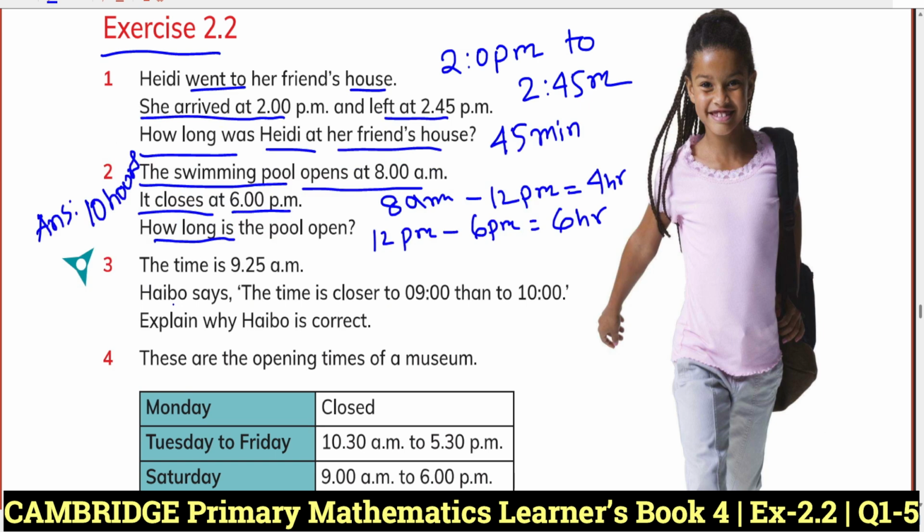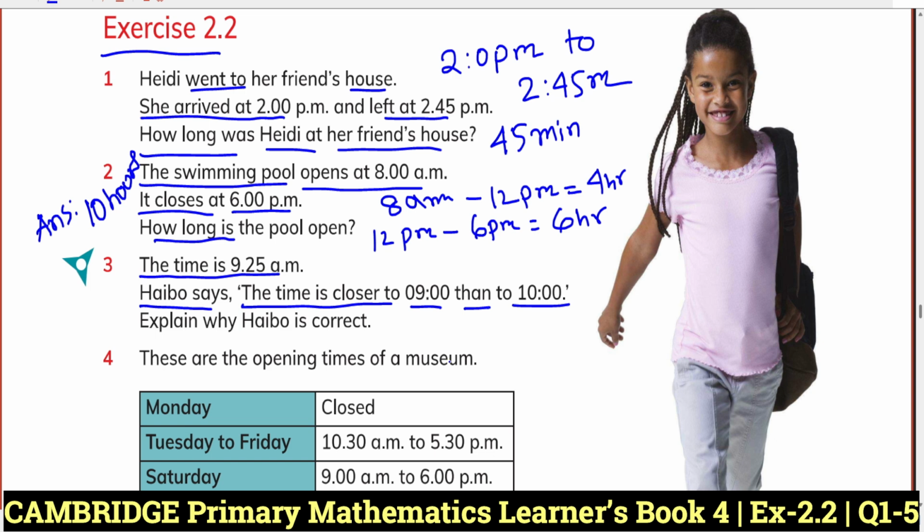Question 3. The time is 9:25 a.m. Haibo says the time is closer to 9 than to 10. Well, here is an important thing.